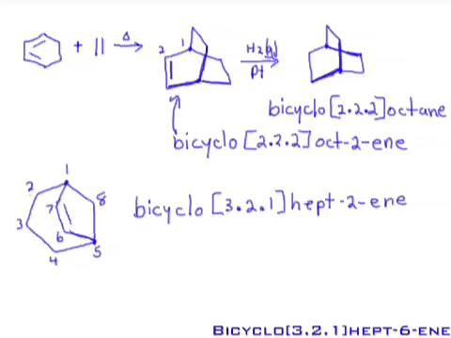I can check whether numbering the other way would give me a lower number for the alkene. I could go 1, 2, 3, 4, 5, 6, 7, 8. That will work just as well. But the alkene ends up at carbon 6 no matter which way I go, so it doesn't matter.